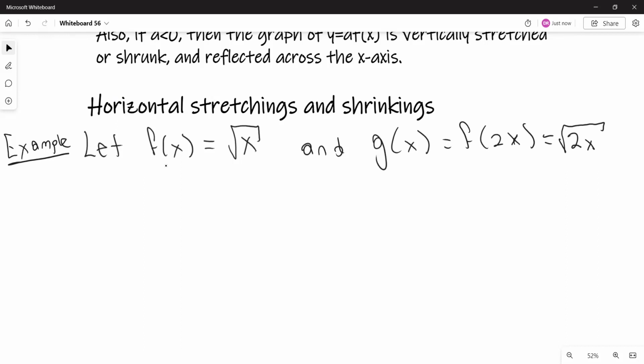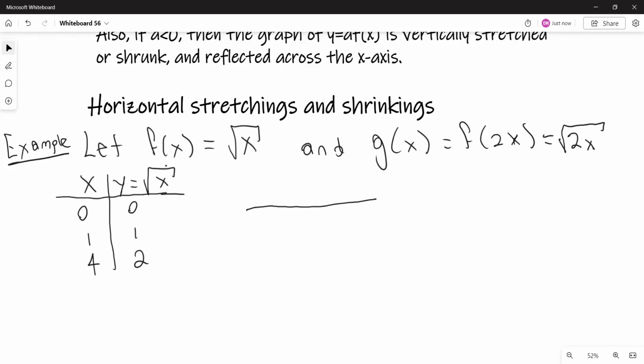Okay, so for that, I'll need to make two separate tables. So for the square root function, we're using the x values 0, 1, and 4. The y values are 0, 1, and 2. But if y is the square root of 2x, we're going to choose the x values so that the square root of 2x is an integer.